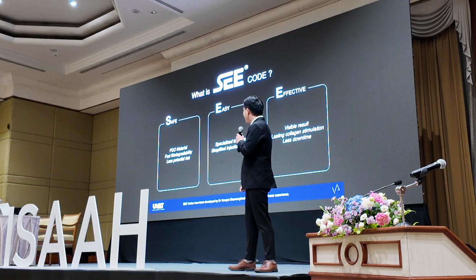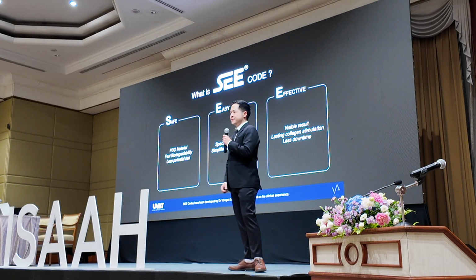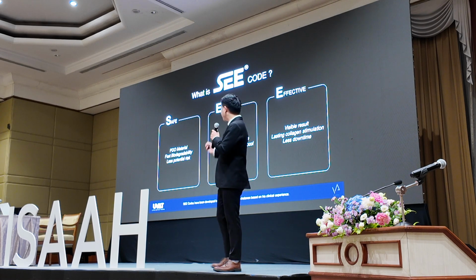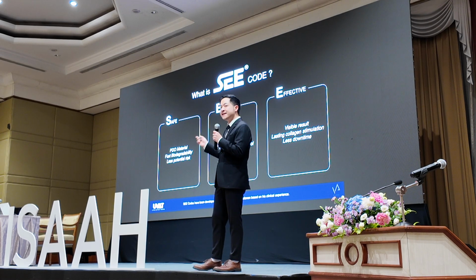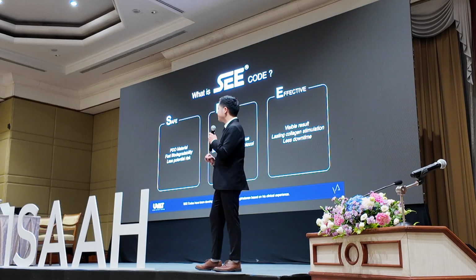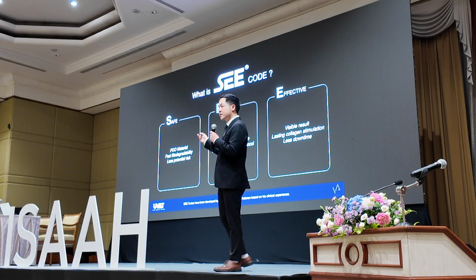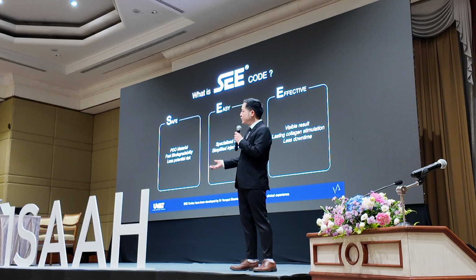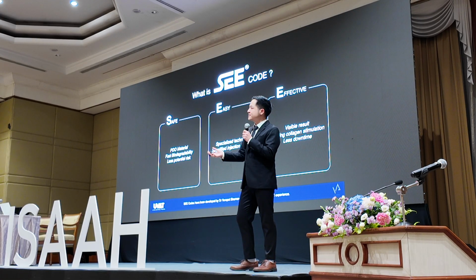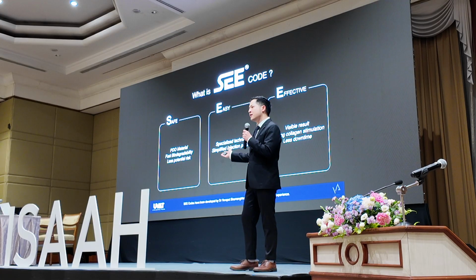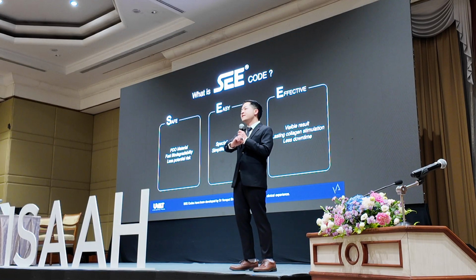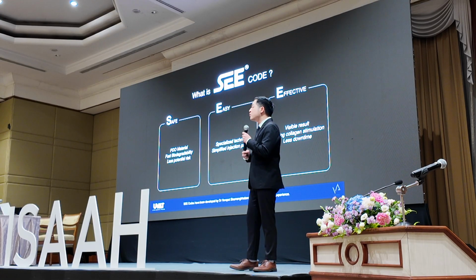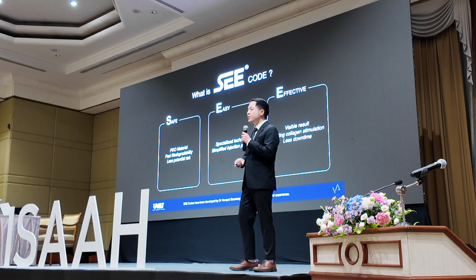Now, what is the C code? The C code is conform, safe, easy, and effective. We will start with the first one, safety. As we listened to many talks from the speakers from yesterday to today, we will always talk about the granuloma, right?